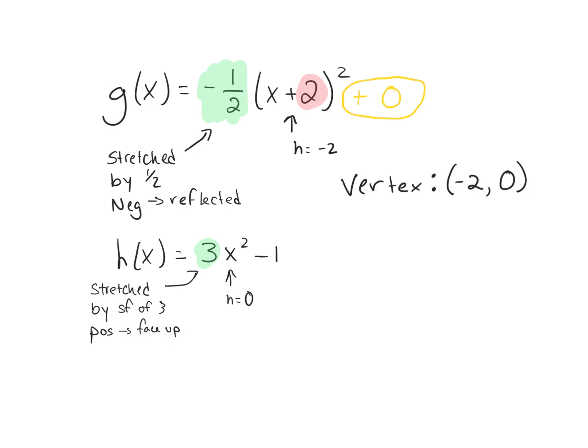That being said, we do have a k value. We have -1 right here. So that means that we are moving down by 1 space. So the vertex for this particular function is going to be 0, -1.